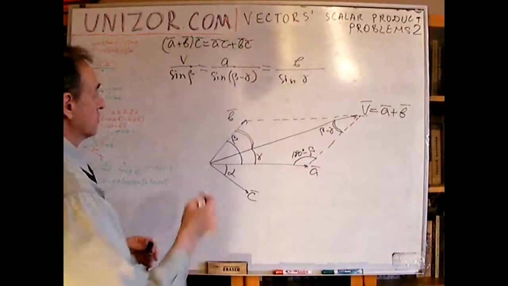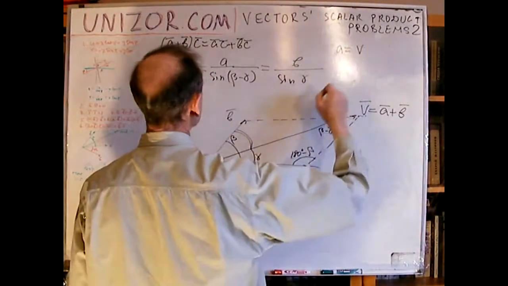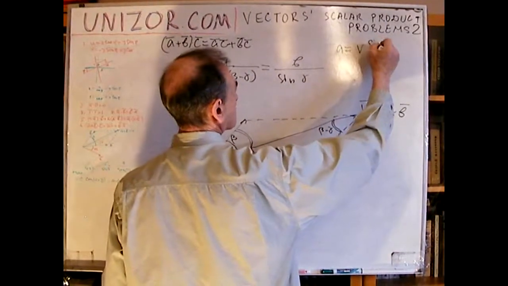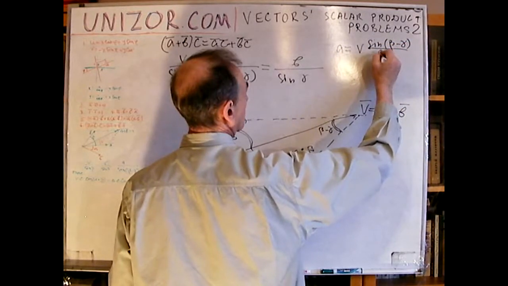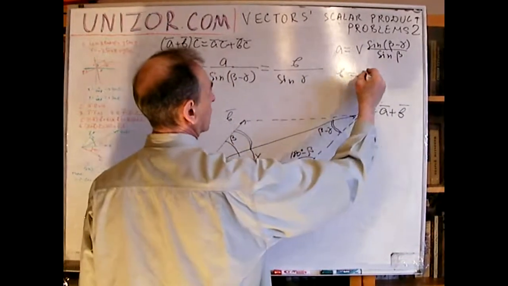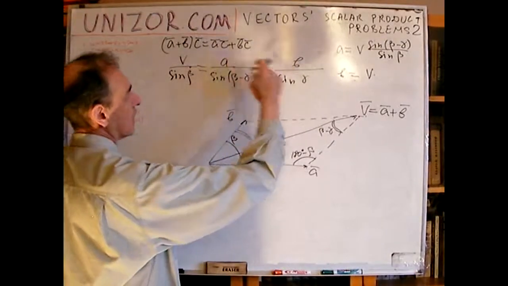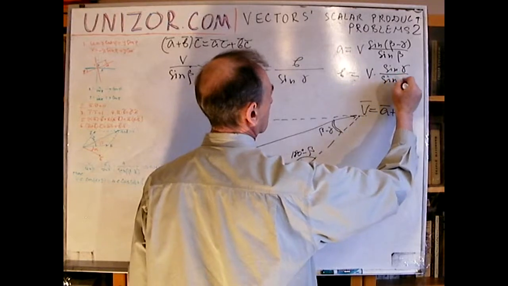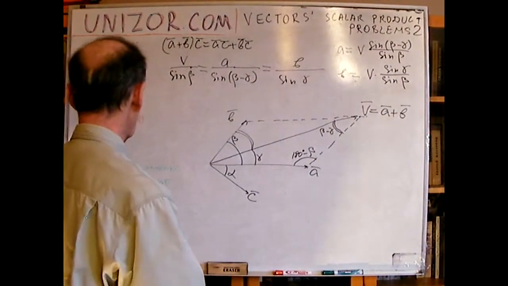So from this we can say that A is equal to V times sine of beta minus gamma divided by sine of beta. And B is equal to V times sine of gamma divided by sine of beta. Okay.